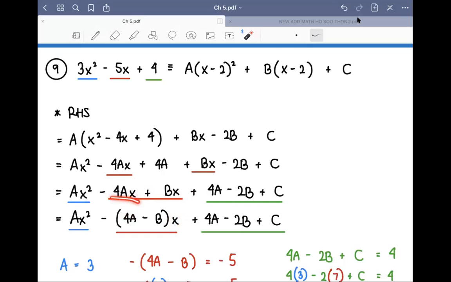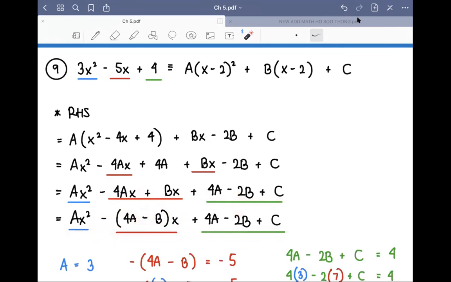For example, 4ax divided by x, you get 4a; bx divided by x, you get minus b. Take note, it is minus b because plus divided by negative is negative. Okay, be careful, class, on this one. And then just bring down this expression here, 4a minus 2b plus c, and then that's it. So we have simplified and factored our right hand side.